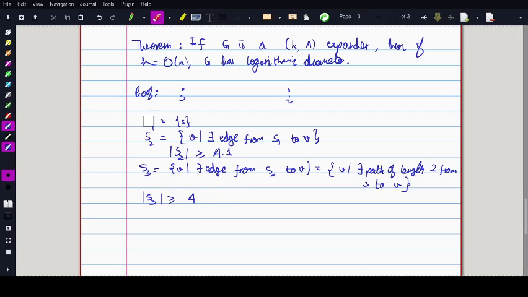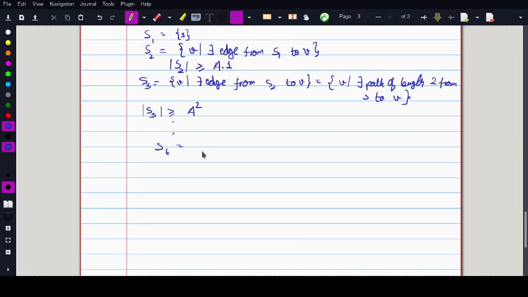Similarly, you can keep doing this and you get ST, which would be the set of all vertices V such that the distance between S and V is less than T minus 1. Let's call it something else, otherwise we'll confuse it.